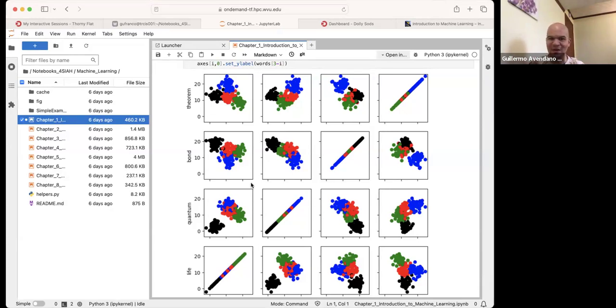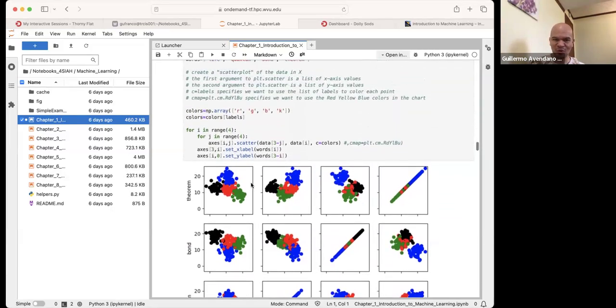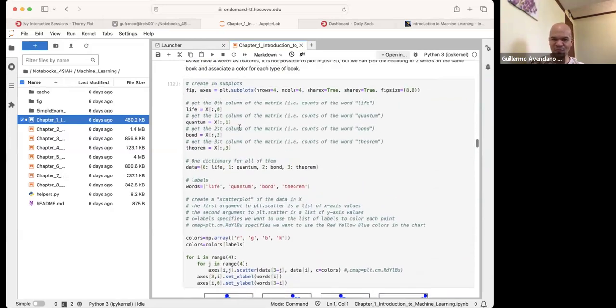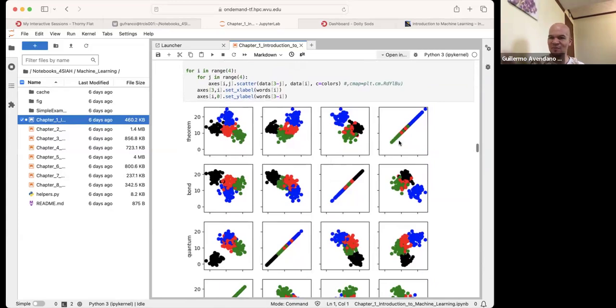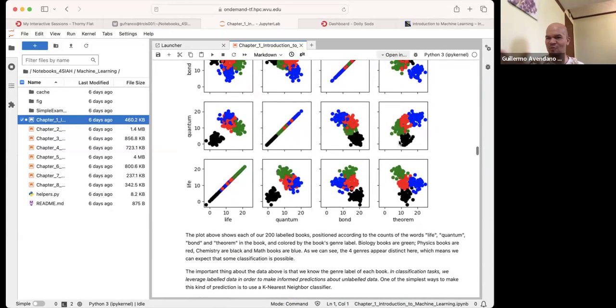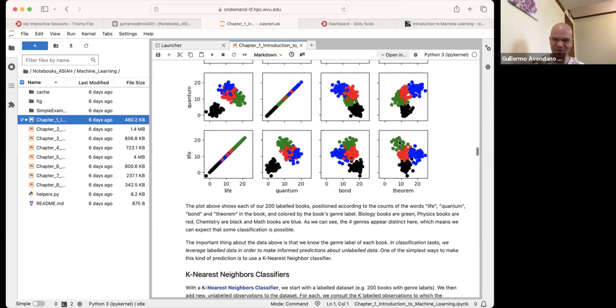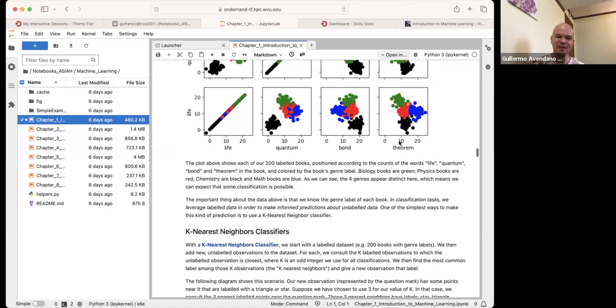And once you do sampling, you try to see if the data offers some hope of doing something with it. So from the books, we gather certain words present in those books, and based on them, we try to see if the books could be classified. Just imagine a digital book, and you would like to have a system that identifies which folder it should go to, biology, chemistry, physics, or something, based on the presence of some words.